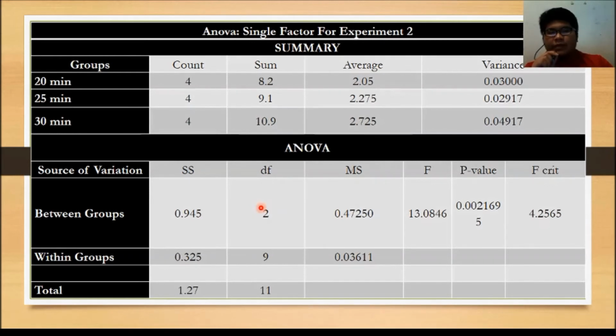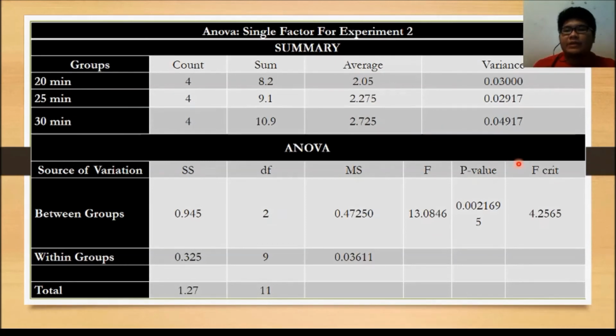For the mean square, we divide both between groups and within groups by their respective degrees of freedom, and we got the mean square. For between groups it is 0.472825, and for within groups it is 0.03611, and we find the ratio of it, we got 13.05, sorry, 13.0846.